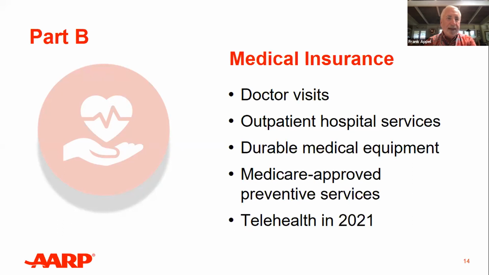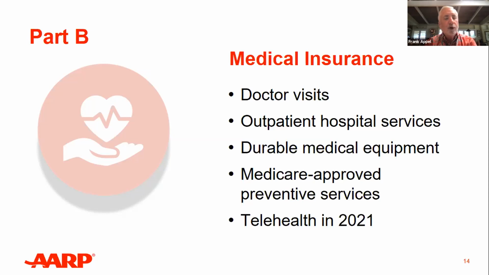So Part B is your medical insurance. This is the part of Medicare which covers doctor visits, outpatient hospital services, durable medical equipment, such as wheelchairs or walkers. It covers Medicare-approved preventive services, so mammograms, flu shots, colonoscopies.